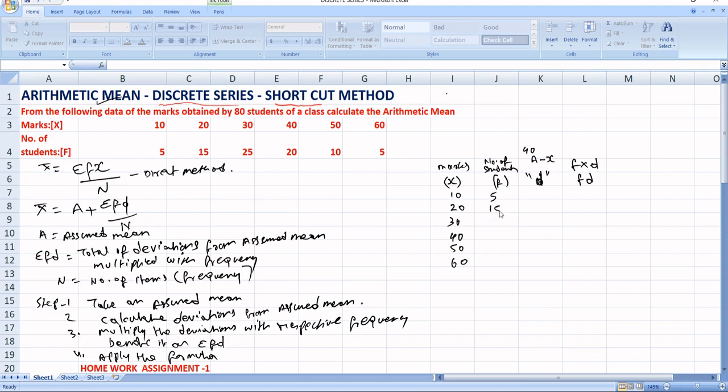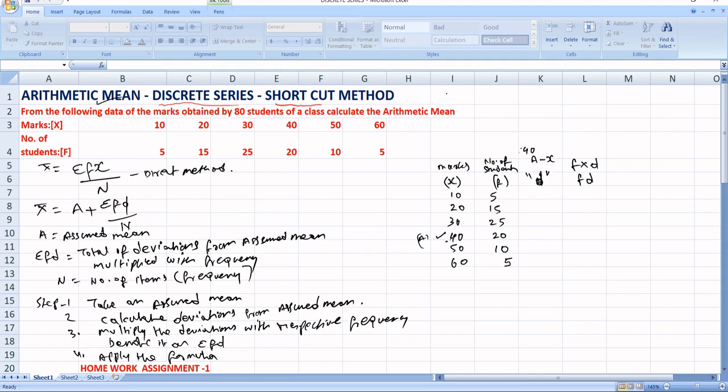And 15 students got 20 marks, 25 students got 30 marks, 20 students got 40 marks, 10 students got 50 marks, and 5 students got 60 marks. Now here we are going to take 40 as assumed mean.